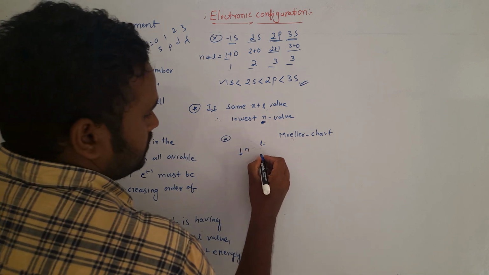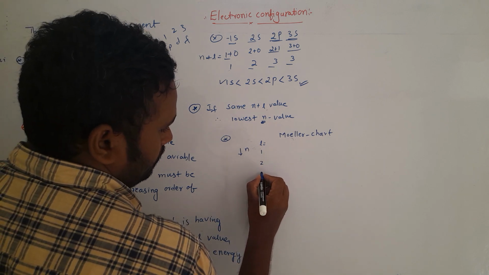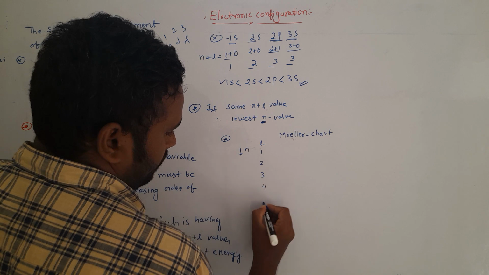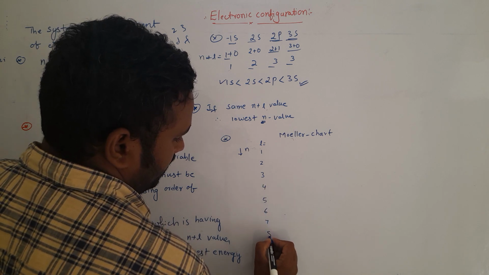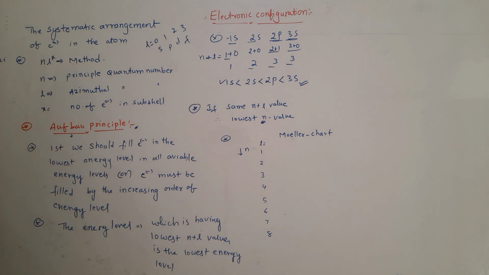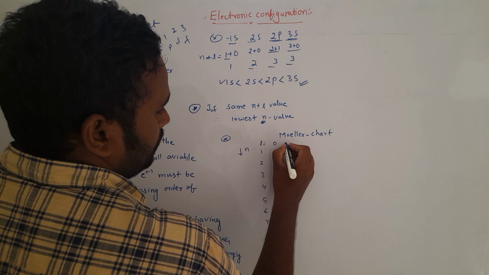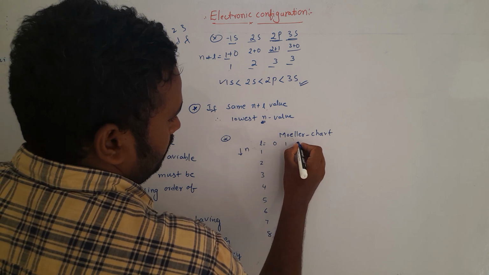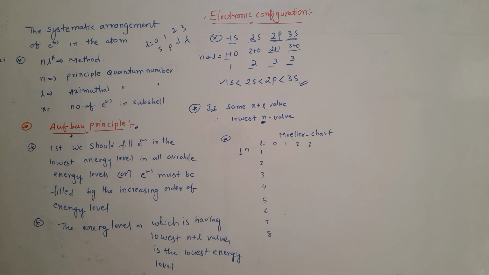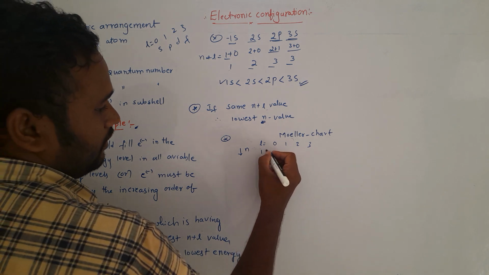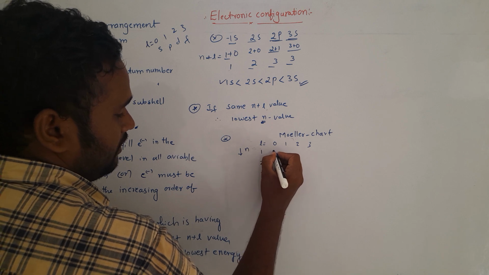The n values we already know start with 1, 2, 3, 4, 5, 6, 7, 8, up to 8 we are taking. And l values we already know start with 0, 1, 2, 3. We already know l equal to 0 means s subshell, which is present in the first shell.